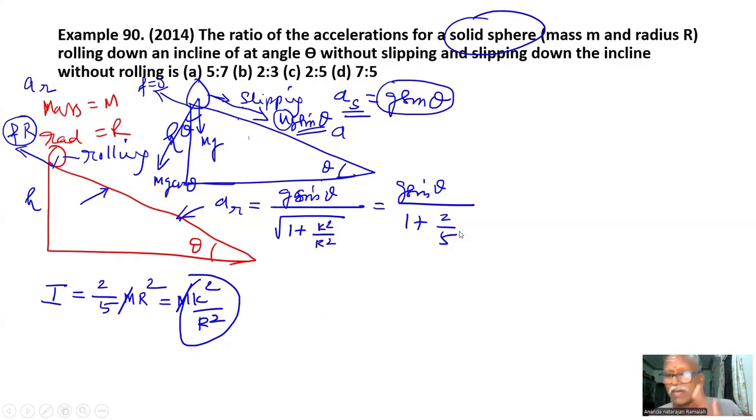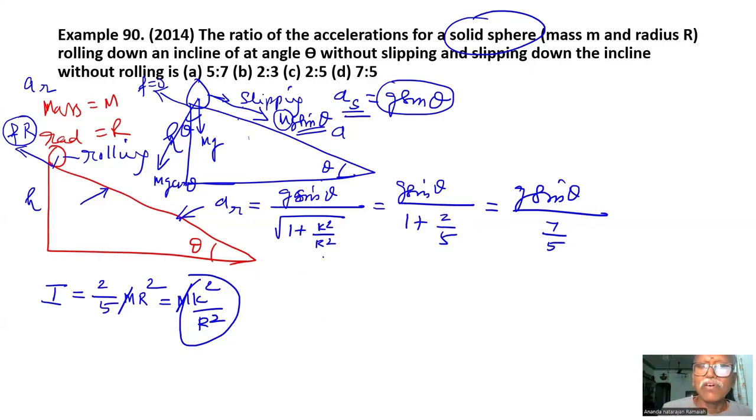That we should remember. That is equal to g sin theta divided by 7 by 5. Therefore, we have to find the ratio of the acceleration of a solid sphere rolling down an inclined plane at theta with the slipping.